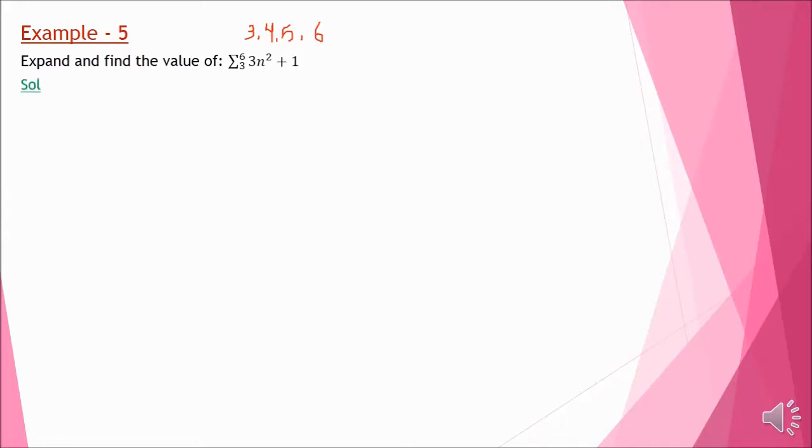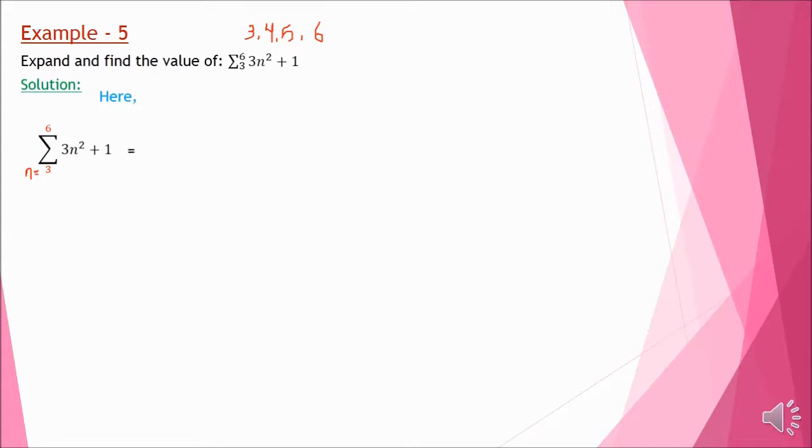Solution. Here summation, n runs from 3 to 6. Even if n is not written, it means n runs from 3 to 6.